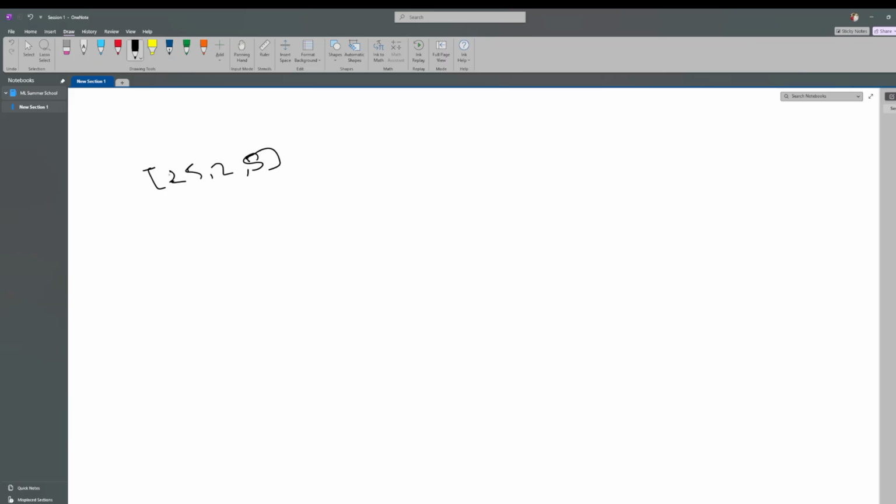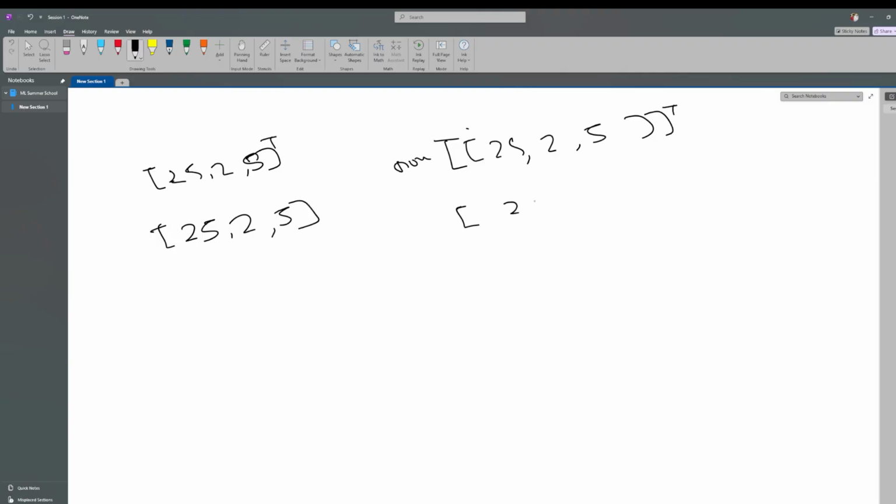This is how the code thinks. But if we want it to think that it has rows and columns, we have to add 2 sets of parentheses as a whole. Okay, 25, 2, 5. If we take the transpose of the first, we get exactly the same value, because it doesn't understand that. But when we pass this one, we get a different thing, 25, 2, 5 as a column.